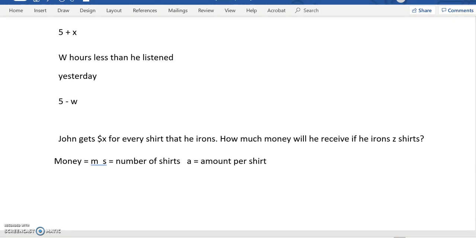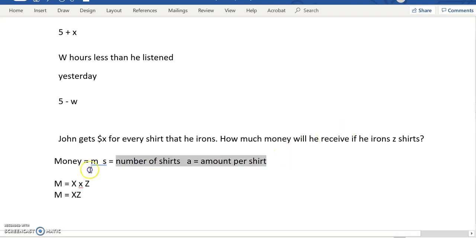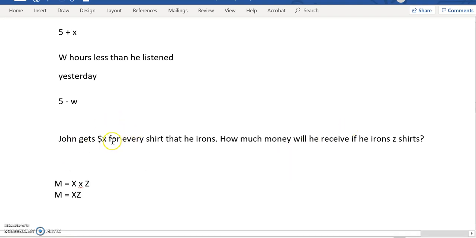So this will just be that the money he receives is going to equal the X dollars that he gets multiplied by the Z shirts. So it's just going to be X times Z, or we often write that as XZ. And look, I probably didn't need to put these things in here because we had already been given that there was X dollars and Z shirts there.